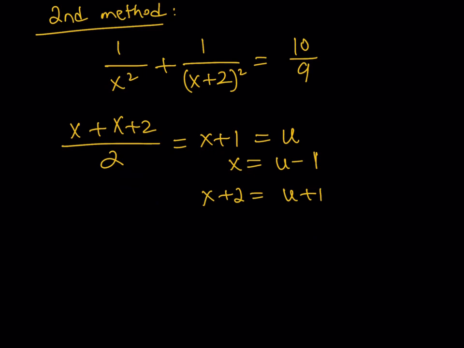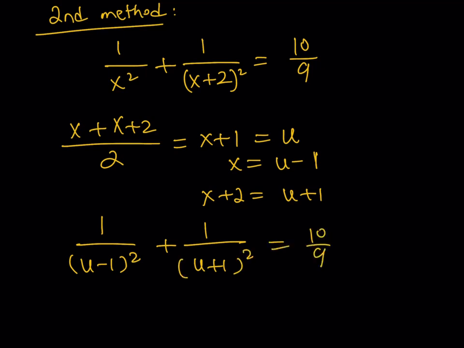So if you go ahead and replace x with u minus 1, it's going to look like 1 over u minus 1 quantity squared plus x plus 2 will be replaced with u plus 1. That's going to be 1 over u plus 1 squared, and the whole thing is going to equal 10 over 9.